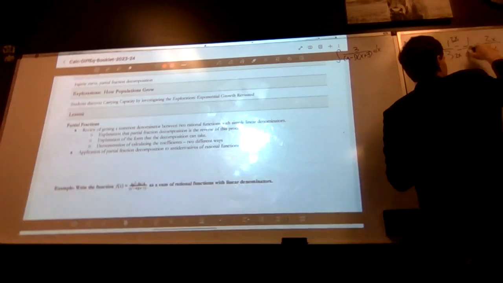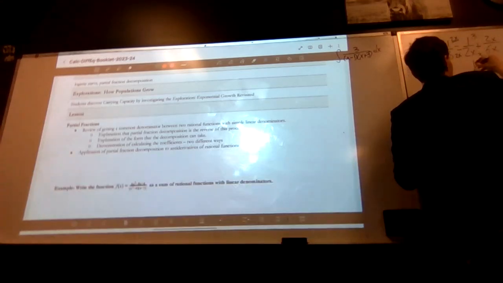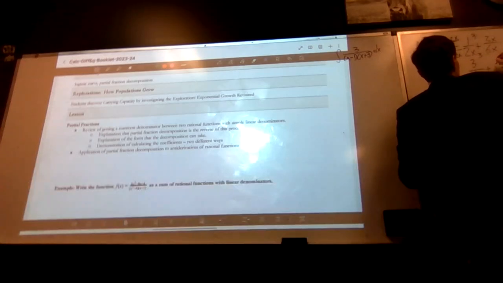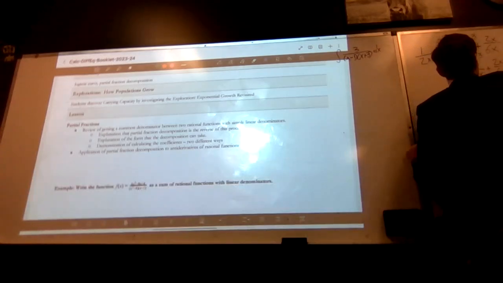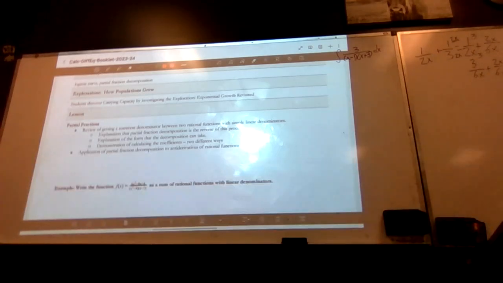What do I need to multiply this by now? 3 and 3. Therefore, I get 1 over 6x plus, 3 over 6x plus 2x over 6x to equal 3 plus 2x over 6x. We basically took two fractions and combined them when they had different denominators.